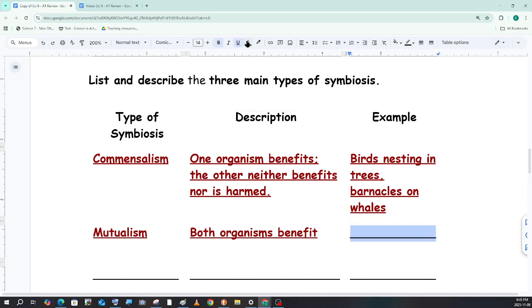Examples of this would be lichens. Lichen is a combination of fungus and algae. The fungus gets food from the algae, it gets nutrients from it because it can't make its own food, right? But the algae is a plant, so it can do that. And the algae benefits because the fungus surrounds it and protects it from dehydration and also from being eaten by animals too.